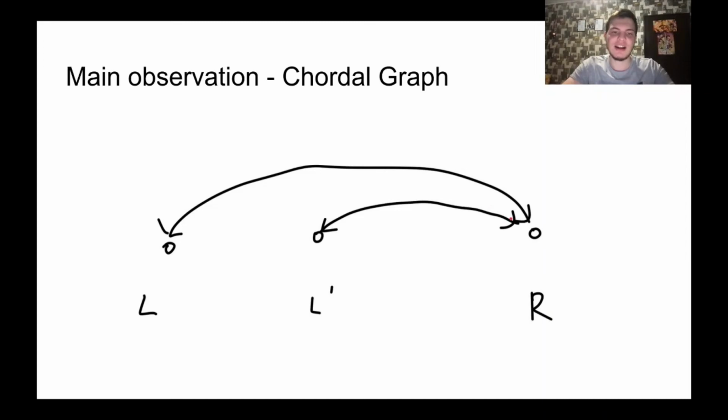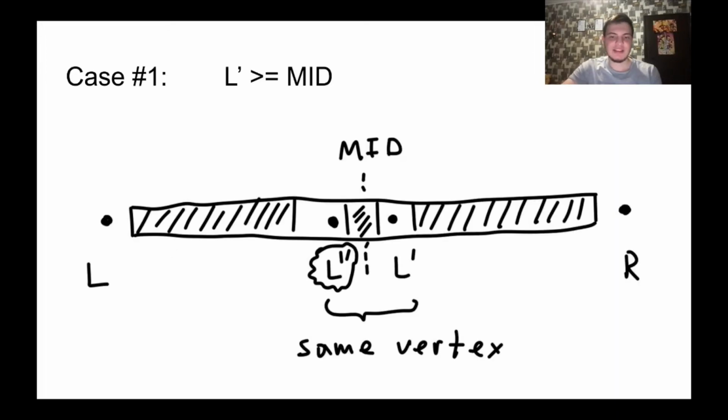And if L is equal to L prime, then we just have one edge. And if this isn't the case, we have an edge from L to L prime, which means that we have a cycle of length 3. Using this rule, we immediately get why our graph should be Chordal. And that's basically the first case.